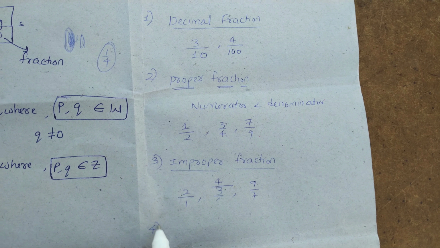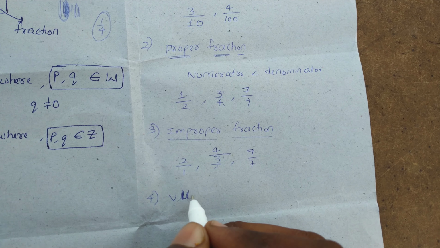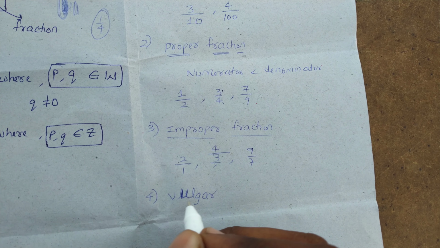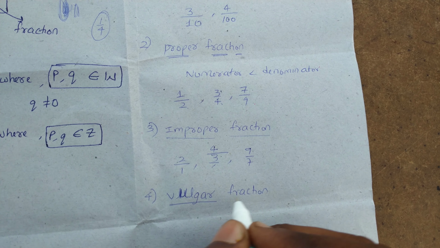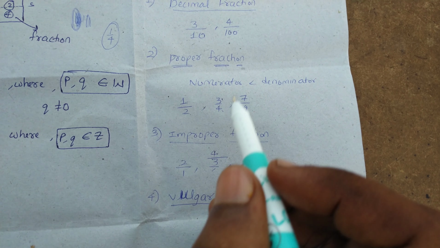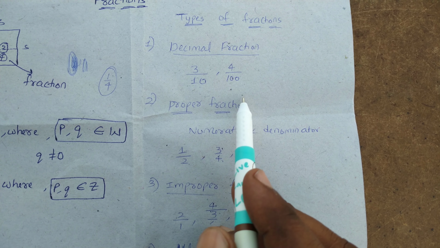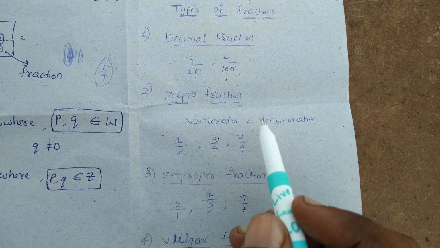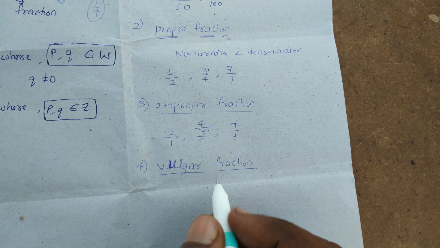And the next one is vulgar fraction. What is this vulgar fraction? Here we have taken the denominator as 10, 100, right? Other than 10, 100, 1000, all the whole numbers in the denominator will come under vulgar fraction.